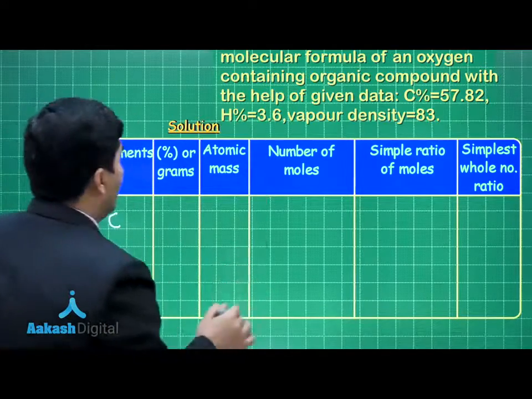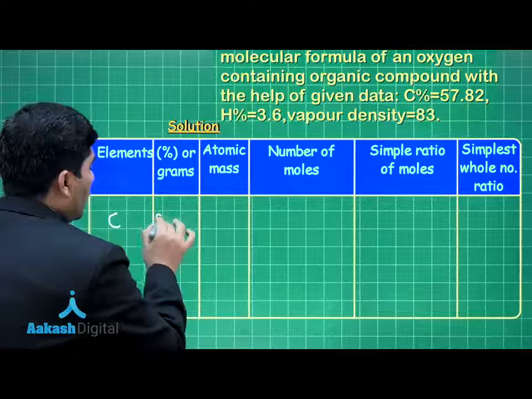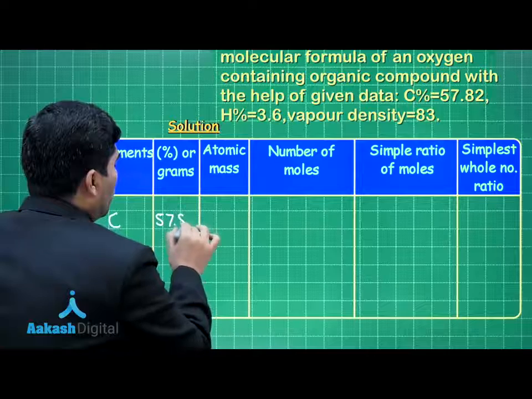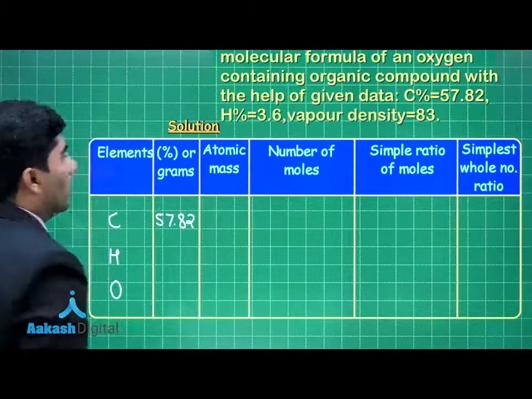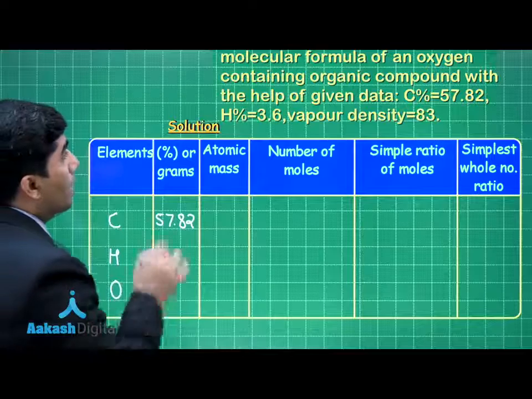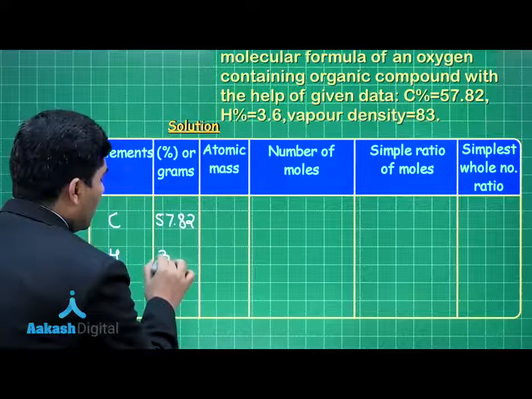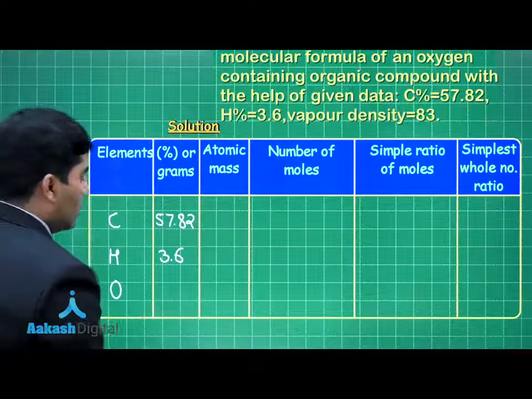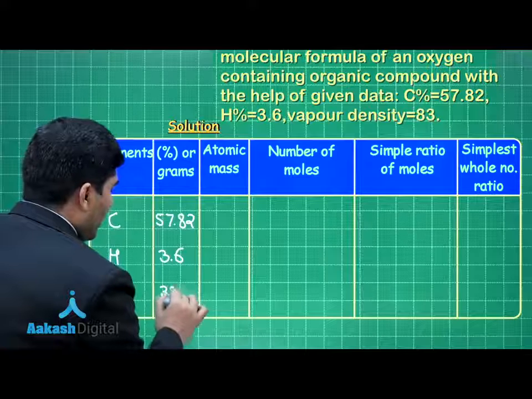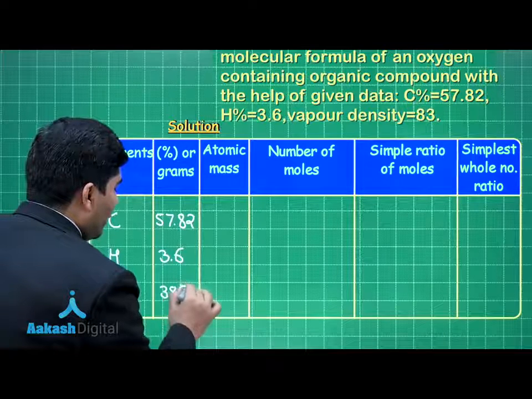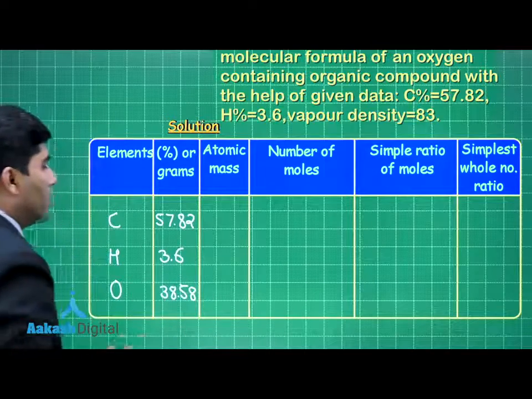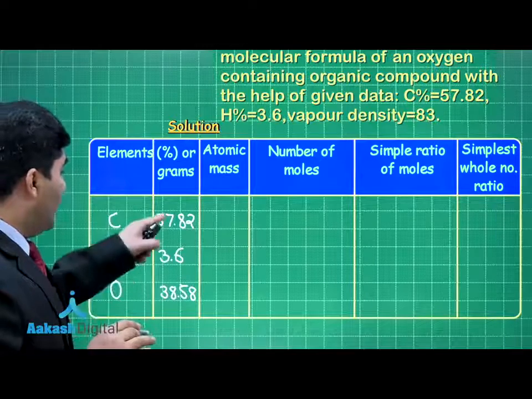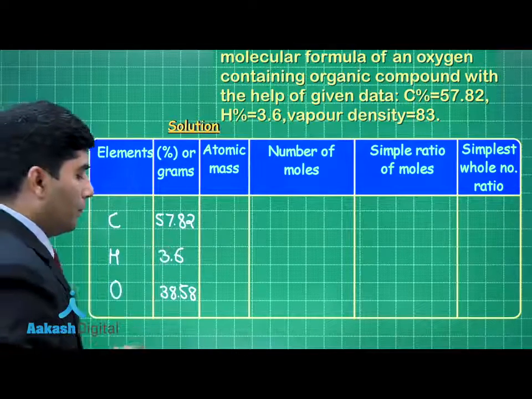Therefore, the weight of the carbon is 57.82 grams, right? So carbon is 57.82 grams, hydrogen is 3.6 grams and oxygen is 38.58 grams. Now how I found this weight of oxygen? By subtracting these two values from 100.